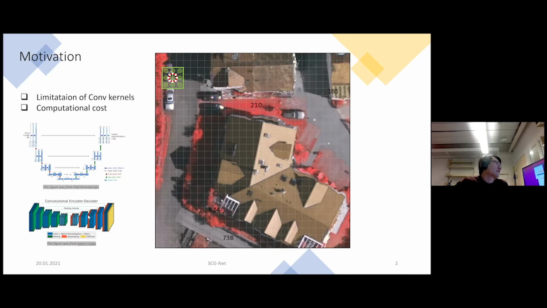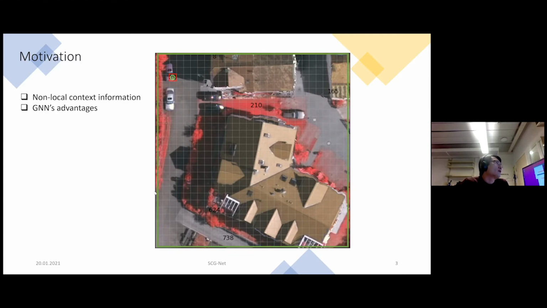They stack a lot of convolutions and max pooling layers, on both the encoder part and the decoder part. From my point of view, this is not so efficient. So we want to build a more efficient way to capture non-local context information.